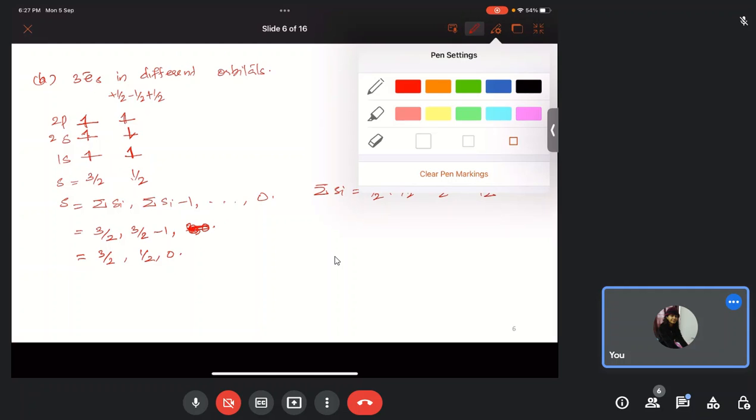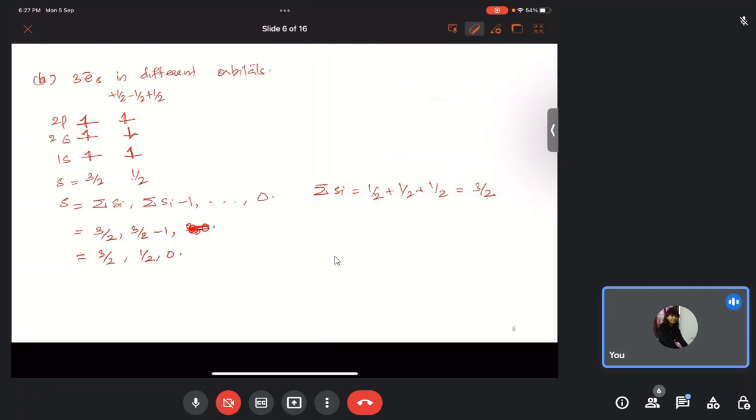So you may not be able to reach 0 if you have an odd number of electrons. Okay, then the next part.